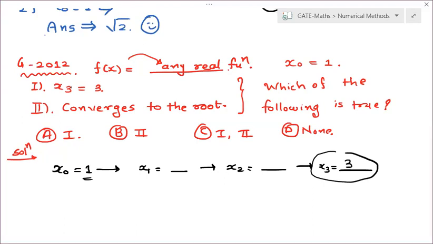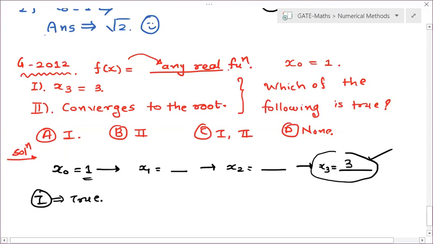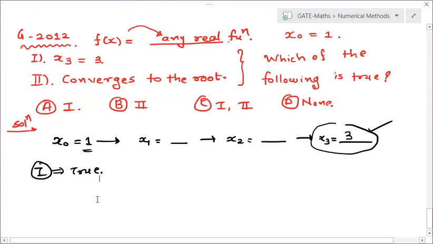If I begin from 1 and move towards 3 based on that function, yes, it can happen, isn't it? So statement 1 is true first, because it can happen. If f of x is any function, and you are beginning from x0 equal to 1, then x3 can be equal to 3. Okay.